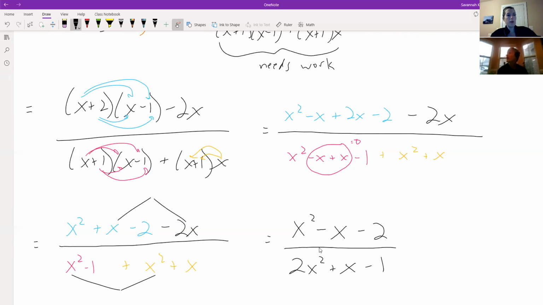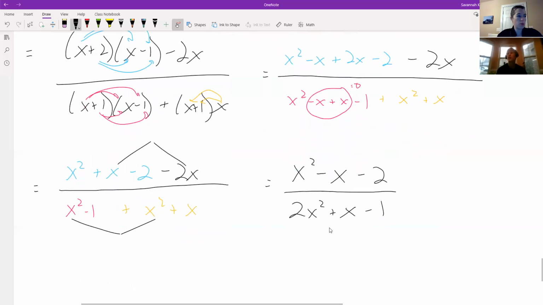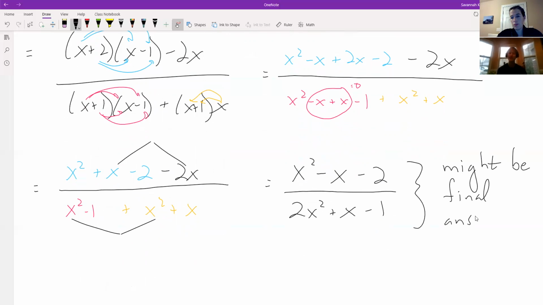Okay, we might be done with the problem at this point, but we also might not. And the only way to tell, just like where we ended in 7.2, we've got to factor and cancel. So I'm going to say this might be the final answer.